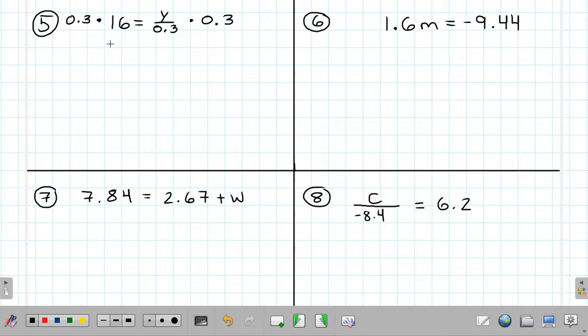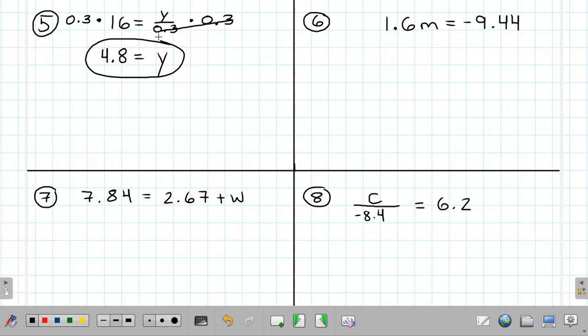And once again, this is something I don't expect you to do in your head, okay? Because the whole point here is the 0.3s will cancel out. So we get y on this side. But what do we get over here? Well, 0.3 times 16. Once again, if you need to use your calculator, you can find that that's 4.8. Okay.